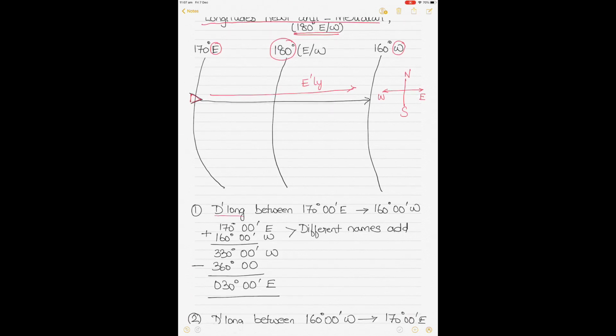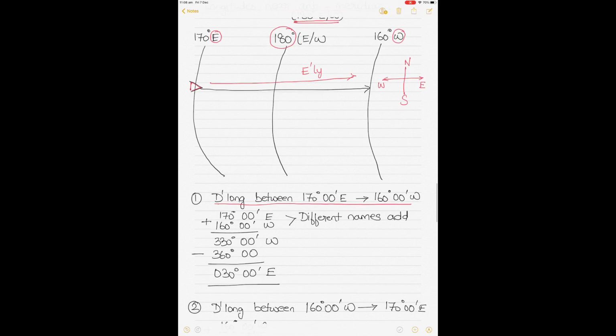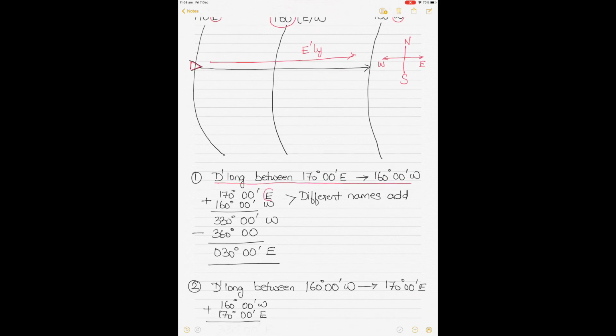So the Dlong between 170 degrees east and 160 degrees west can be calculated as follows. Because they are different names, you can use a rule of thumb and add them. The answer that you will get is 330 degrees 00 minutes west, but longitudes cannot be greater than 180.